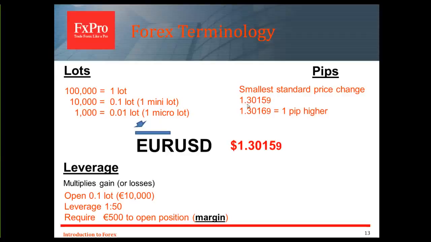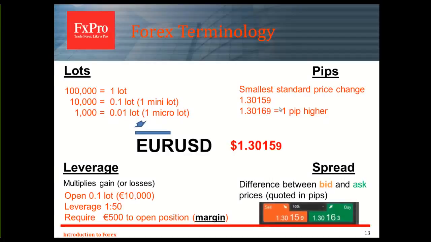A move from 1.3015 to 1.3016 would be a 1 pip move. Same for sterling USD and Aussie dollar, etc. So most of them are to 4 decimal places. That's another piece of terminology you'll hear often. People will say, I made 20 pips or whatever on a currency pair. That's what they're talking about, the smallest standard unit of price change. But as I say, there is a smaller decimal point because of the tight spreads that come about, so just be aware of that as well.